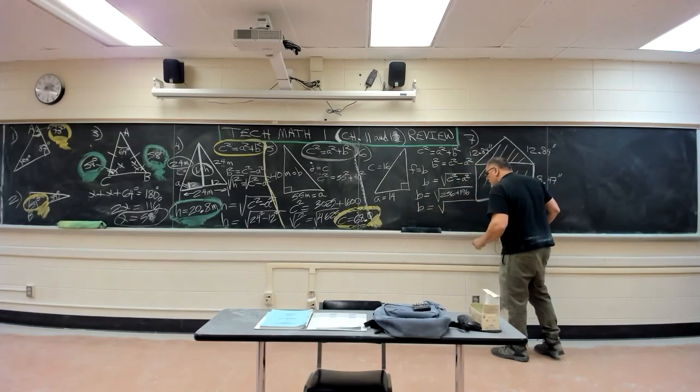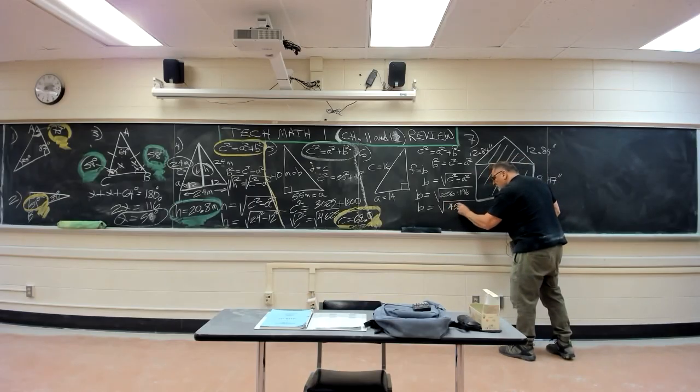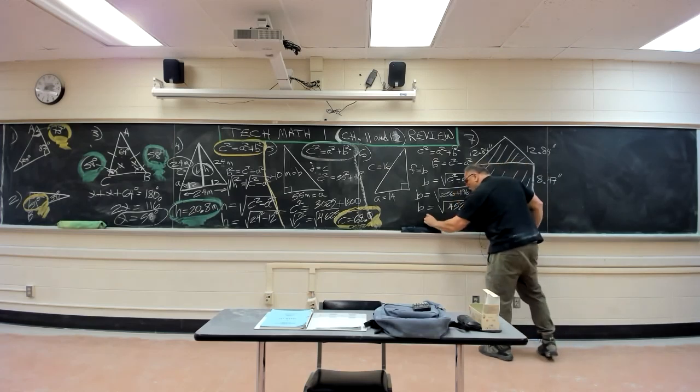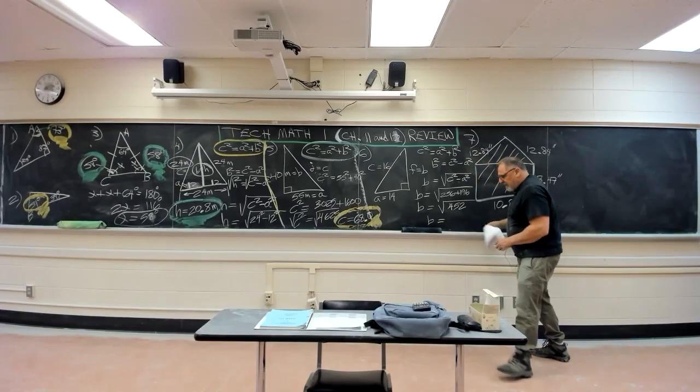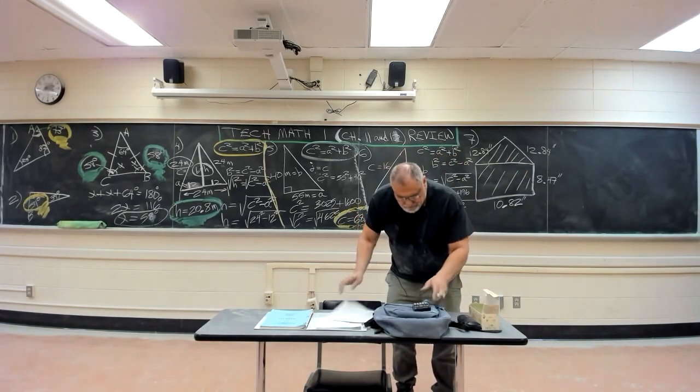Add these together, you get 452. Get the square root of that, and let's see to what level they want that answered. Round to hundredths.